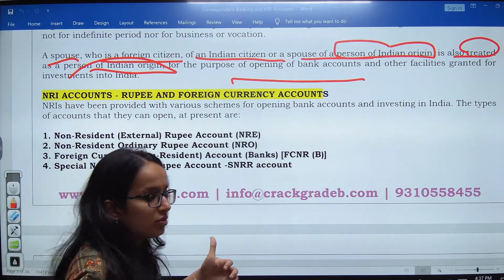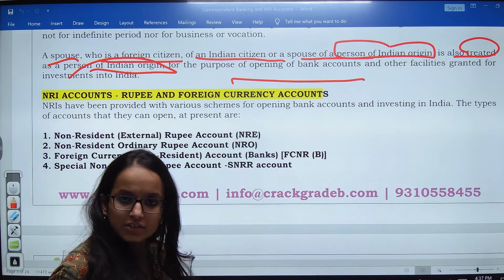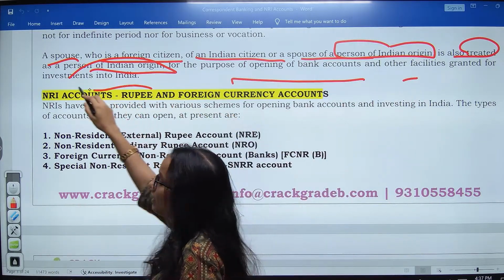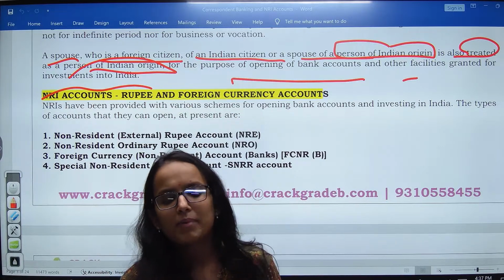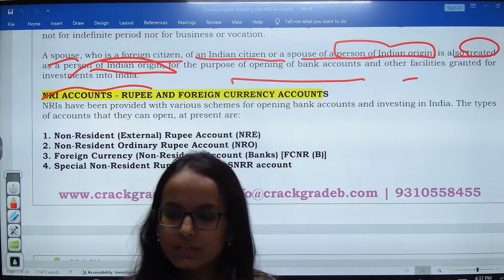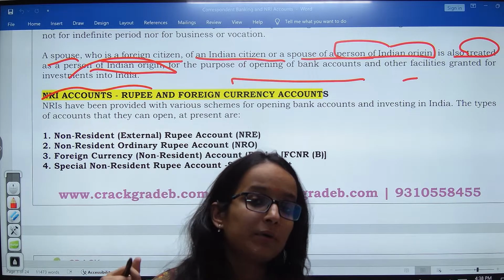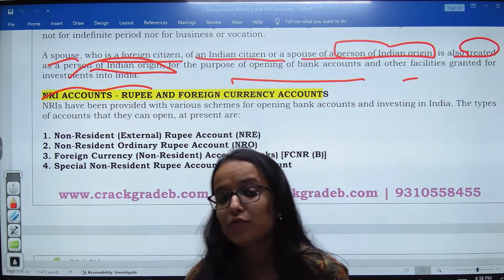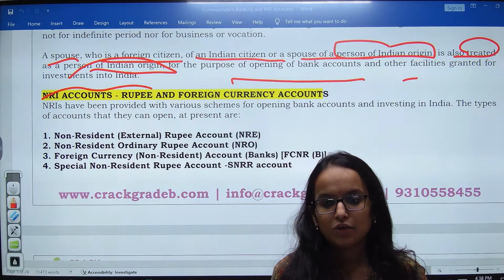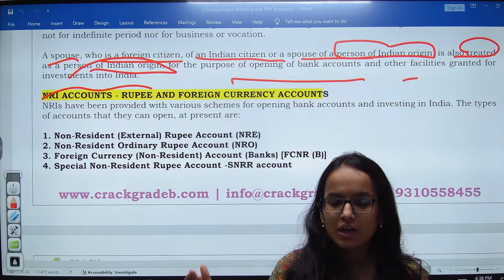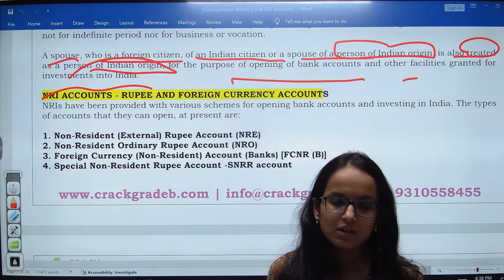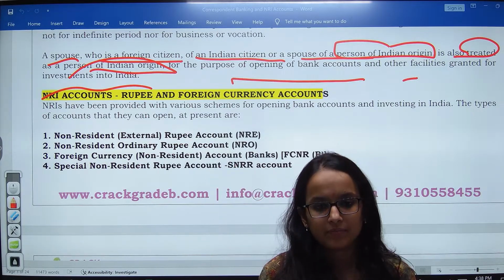Because the spouse has to do transactions as well, and other facilities granted for investments into India. Bank account and other facilities which you require to send money to India. So, for that purpose, the spouse for opening up a bank account will be considered as a PIO. So, banking facilities given to PIO will be given to the spouse for that matter as per FEMA.